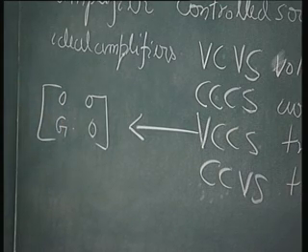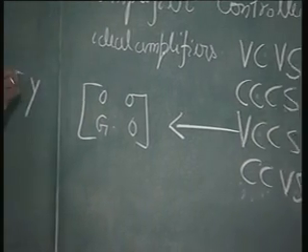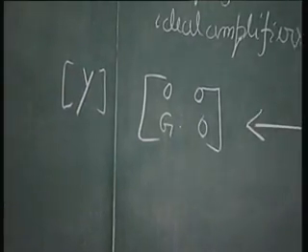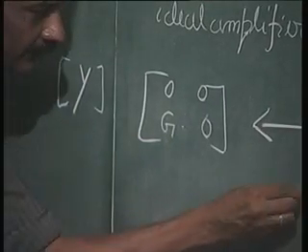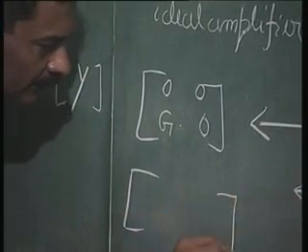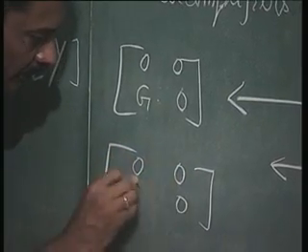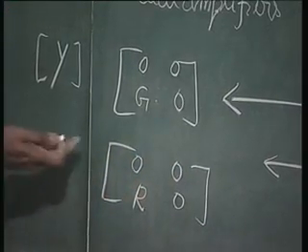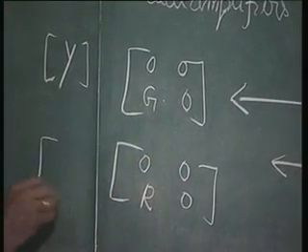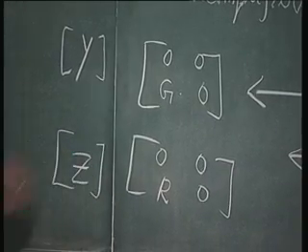So this is going to be represented by Y. The other one is going to be 0, 0, 0, R or Z, so this is going to be appropriately represented by Z.